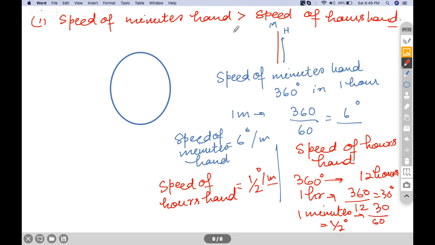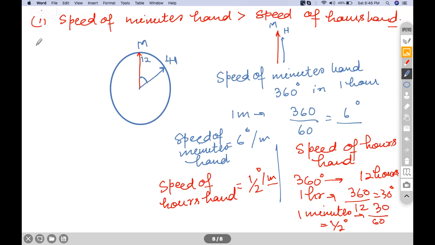So you will find that at 12 o'clock it is something like this, and at 1 o'clock it will be something like this. So minute hand will travel a complete round, and hours hand will travel only this from 12 to 1. Yes or no? Now try to understand.